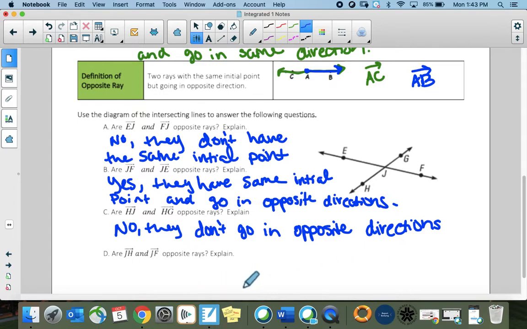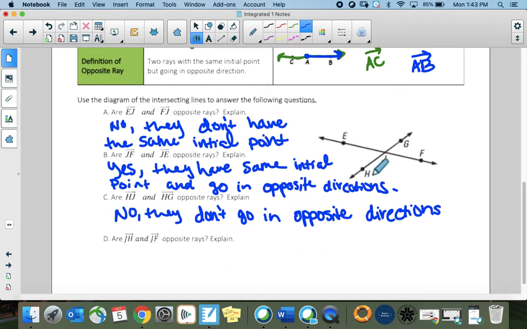All right, last example here. How about JH and JF? Okay, they have the same initial point, but they don't even go in the opposite direction either. They go in different directions, but not opposite directions.